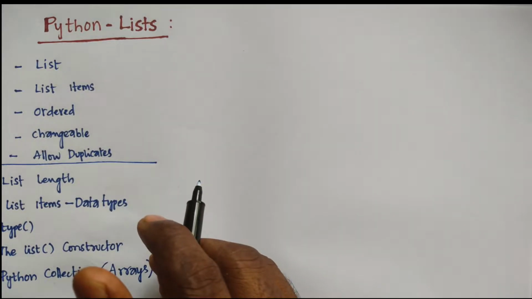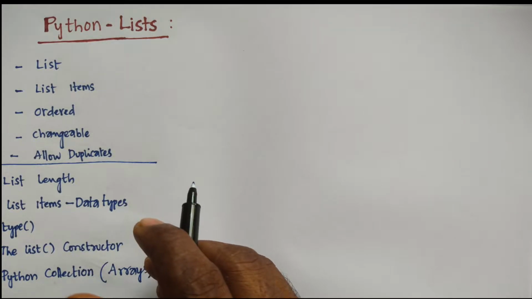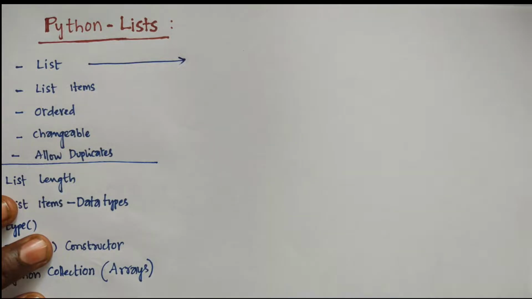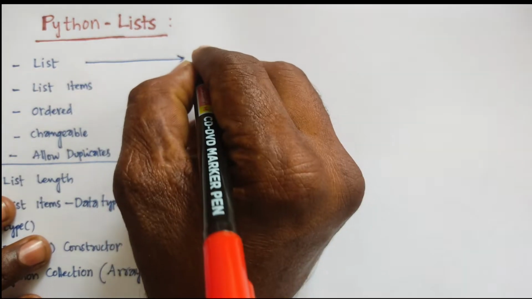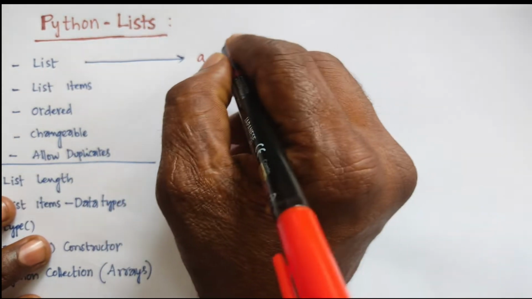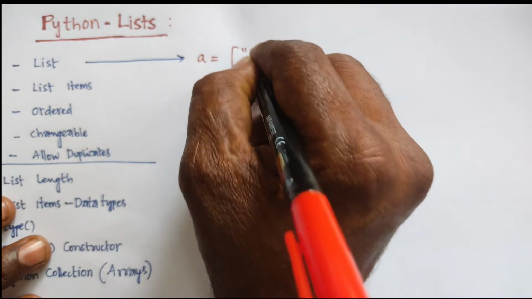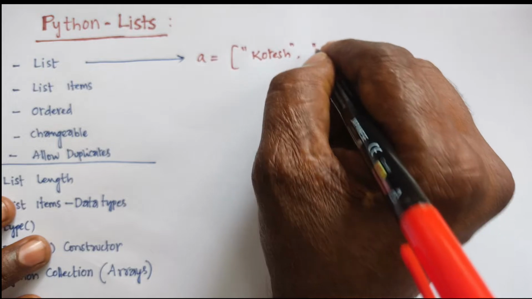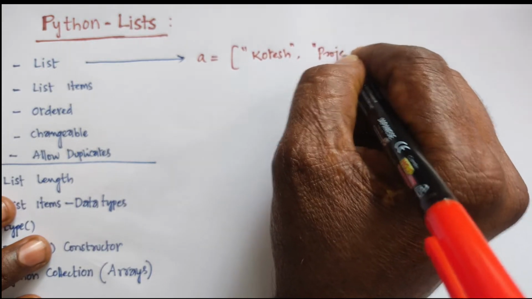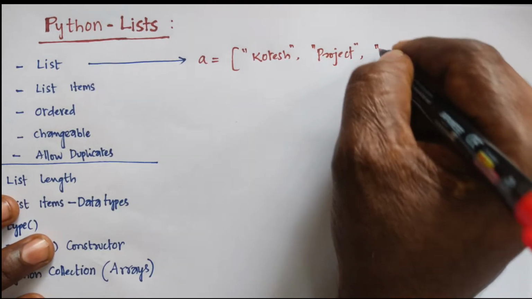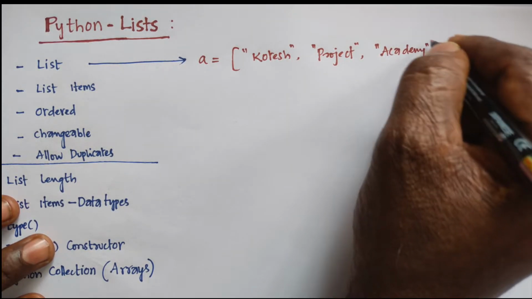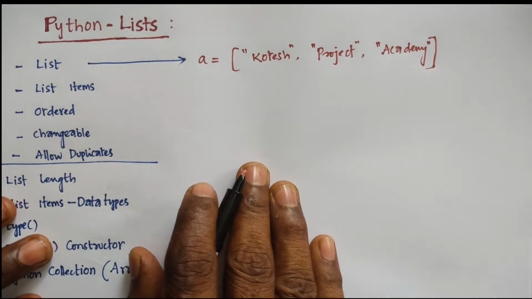First, how can you create a list? For example, if you take the list, here A is equal to, you can assign the names project and academic. We have 3 strings.